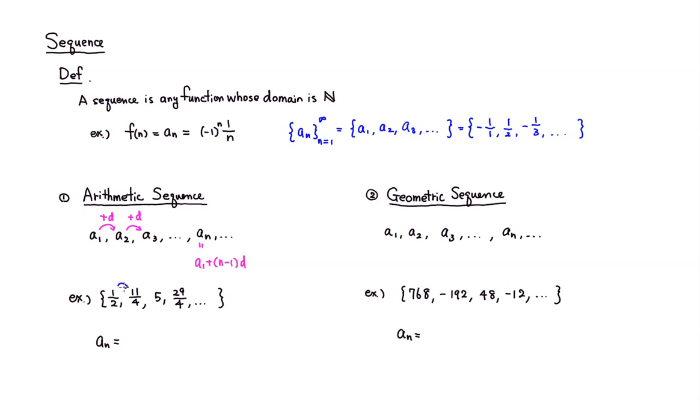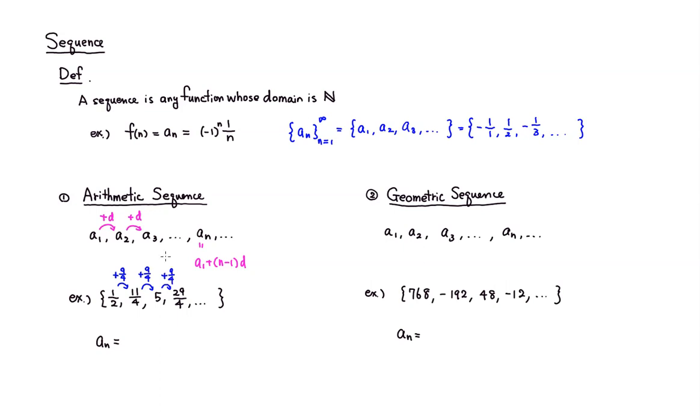So you are adding 9/4 each time. Adding 9/4 to 11/4 gives 20/4, which is 5. Then adding 9/4 to 20/4 gives 29/4. So you can see that this is an arithmetic sequence.